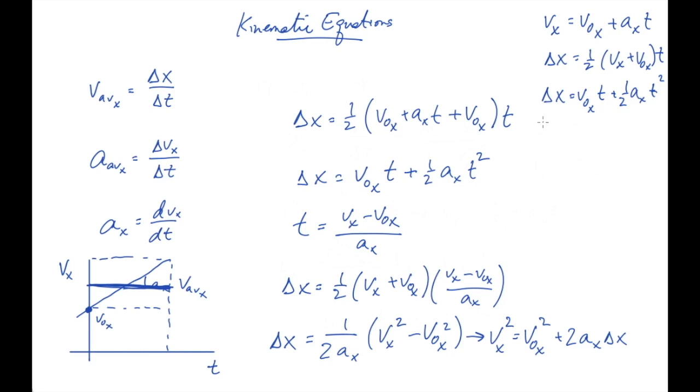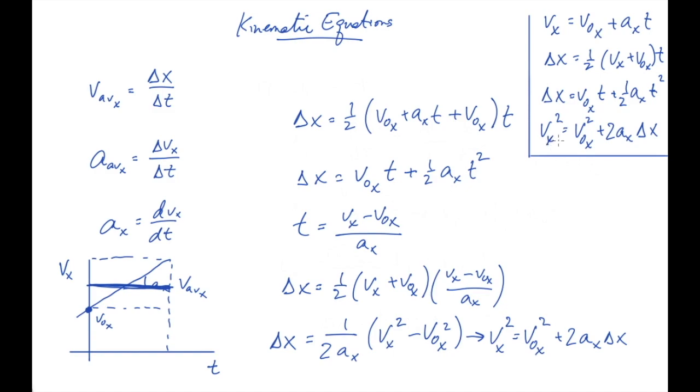I'll put it up here. Vx squared equals V naught x squared plus twice the acceleration times delta x. All right, so here they are, 4 kinematic equations. Normally I'll refer to them as equations 1, 2, 3, and 4.